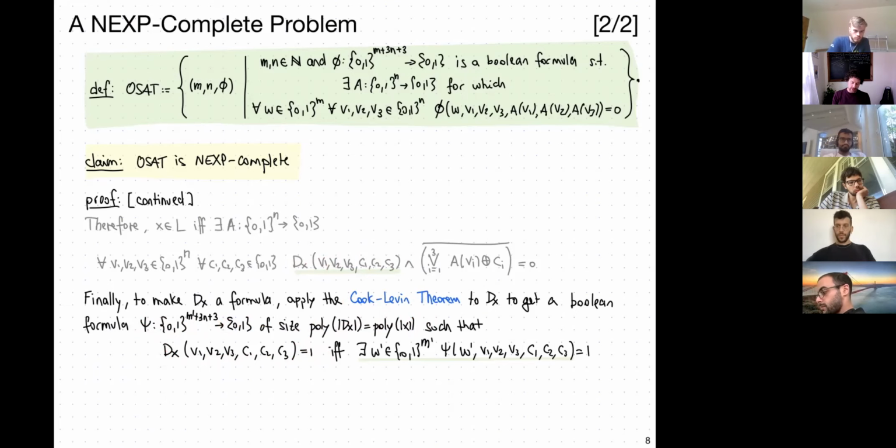So dx is equal to 1 if and only if, for some w prime, all of the conditions in the newest formula psi are also 1. Maybe it would have been nicer to indicate it with zeros, but never mind.